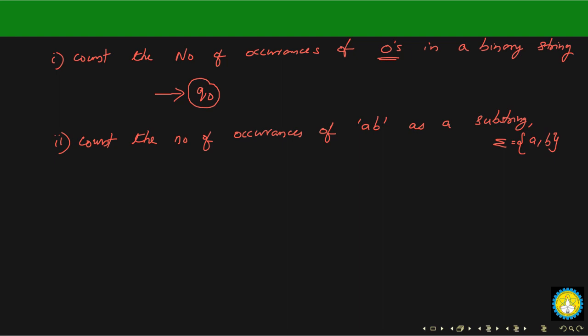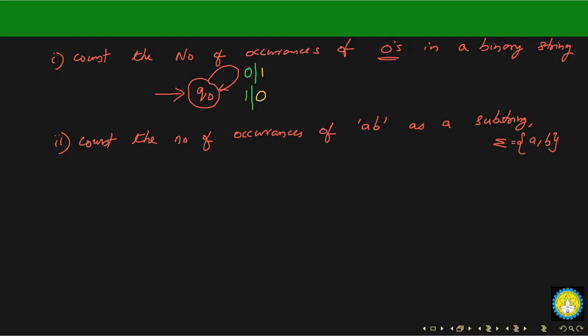So just define a transition saying that whenever I see a 0 in my input string, I'll provide an output of 1. Similarly, whenever I see a 1, I will provide an output of 0. This is how it's going to work.